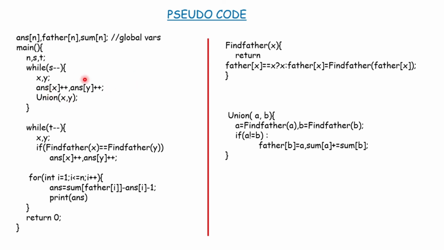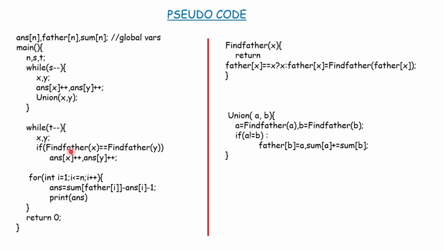So we increment the answer array and we find the union of x and y. By union I mean if both x and y belong to the same set, that means their parents are same, we do nothing. If they don't, we merge their sets and make them a single set, and we increment the sum value at that representative.